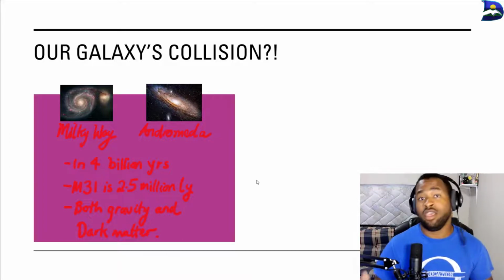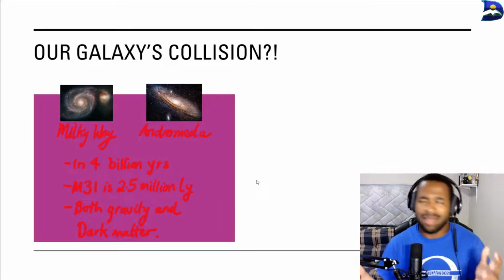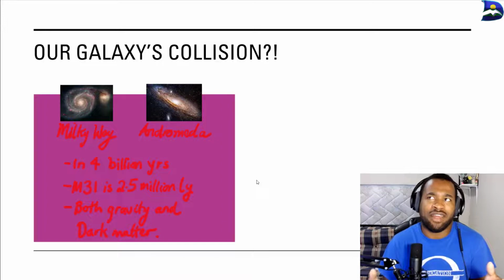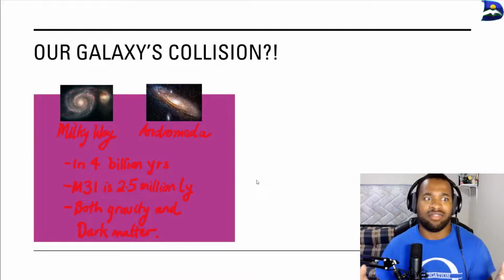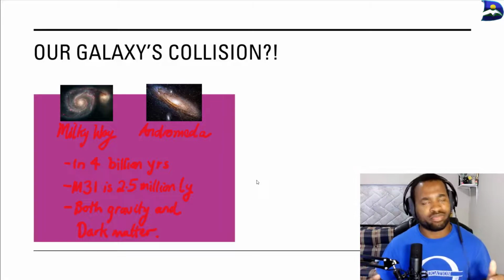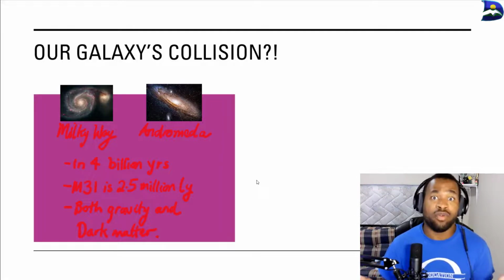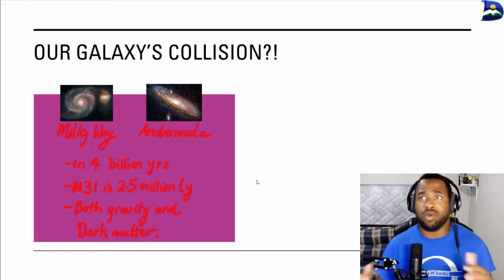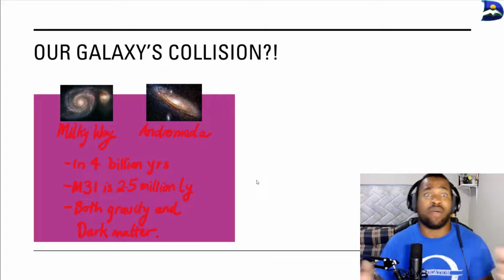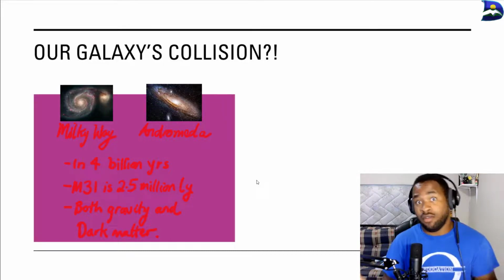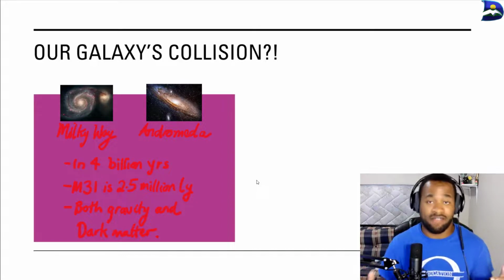It's thought that Earth won't be impacted by this collision process, but I'm kind of curious how that would influence our gravitational field, because there are other stars around our own Milky Way, and will those stars impact our own star's gravitational field and in return affect us?